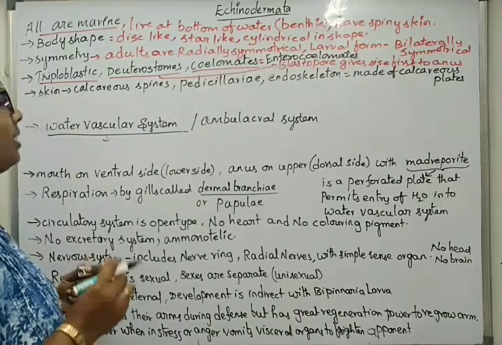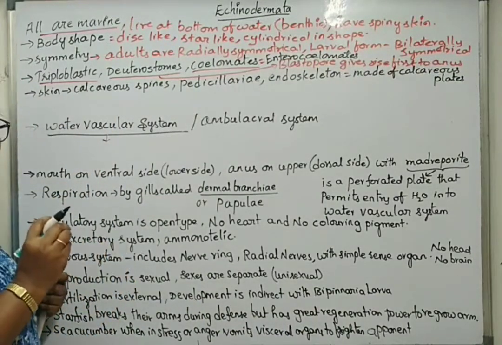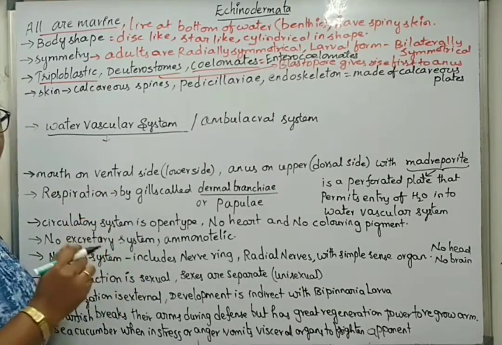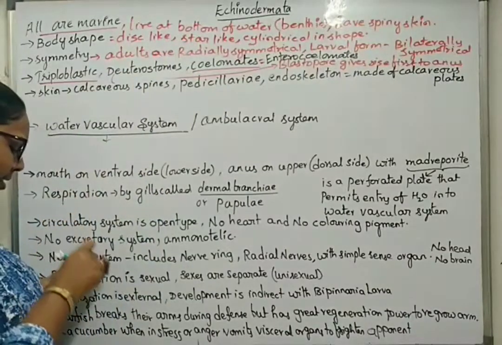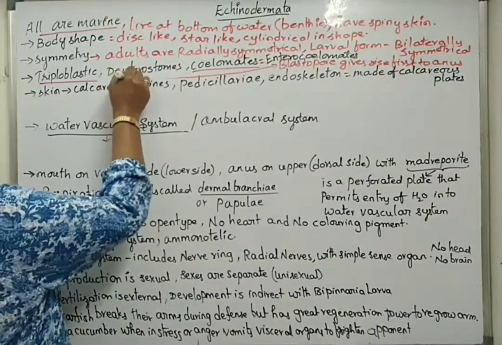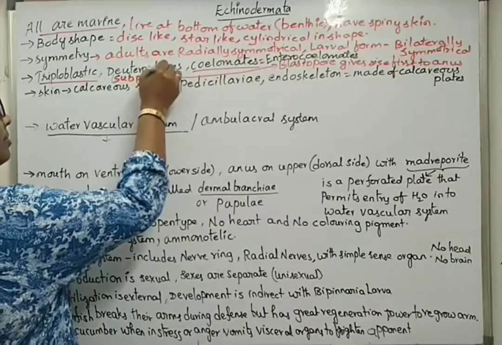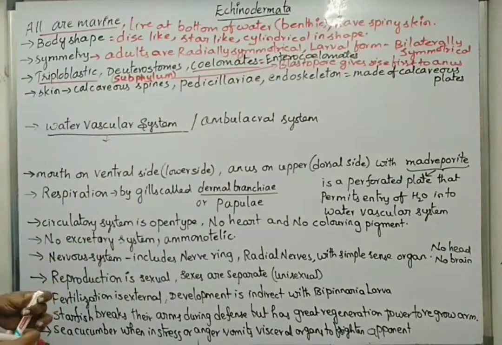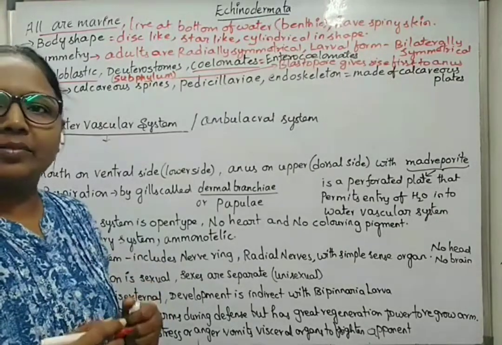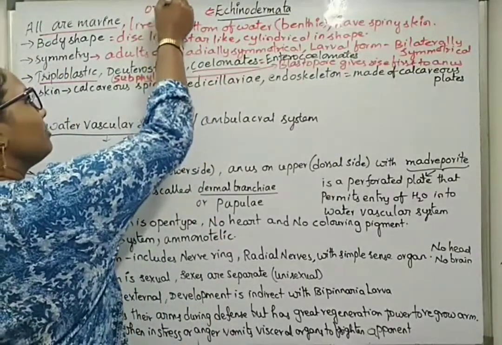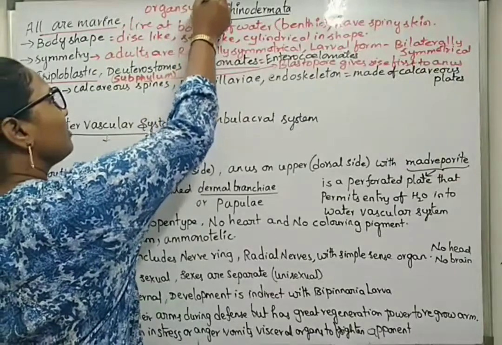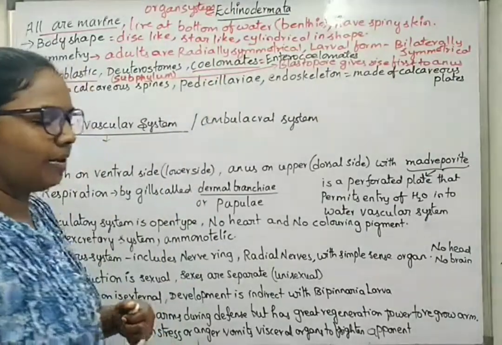This deuterostome comes under the taxonomic category of subphylum. Echinoderms show organ system level of organization.